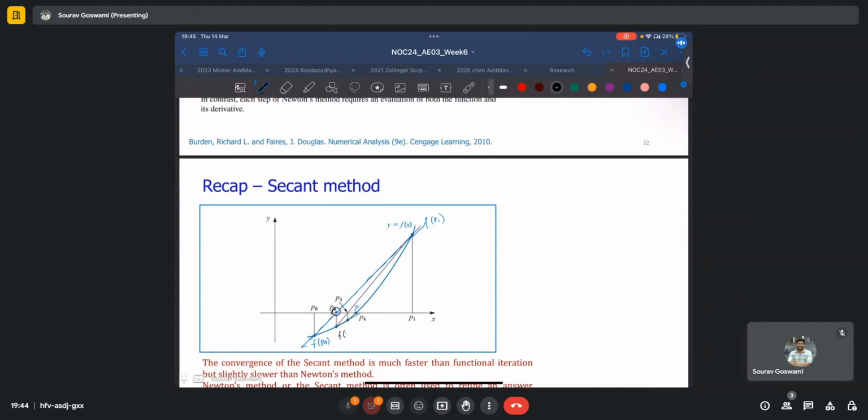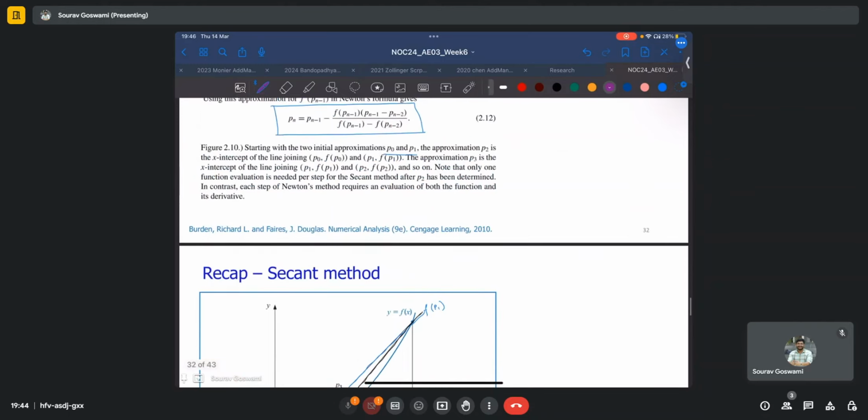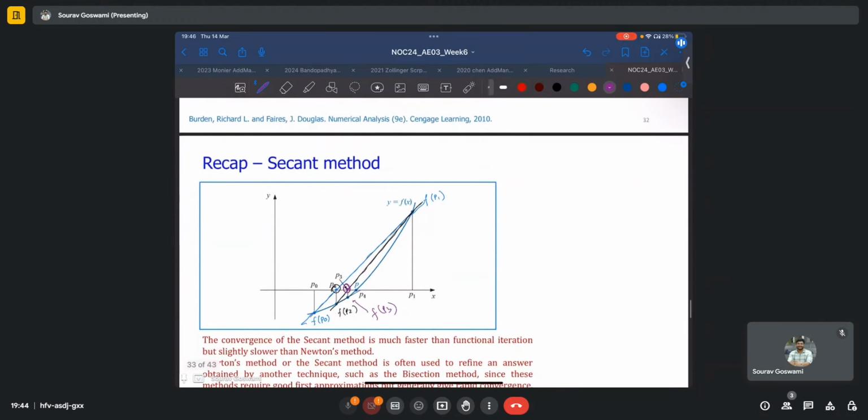So this is f of P2, this is still f of P1, and when we draw the straight line joining these 2 points, we end up with point P3. And so on, it will continue.